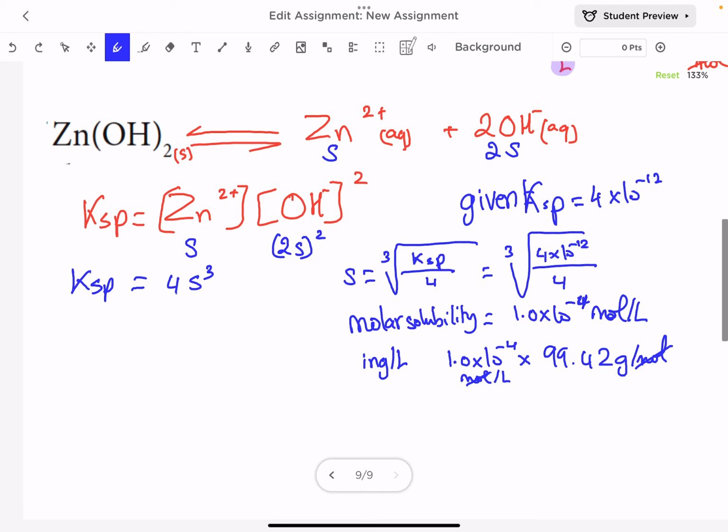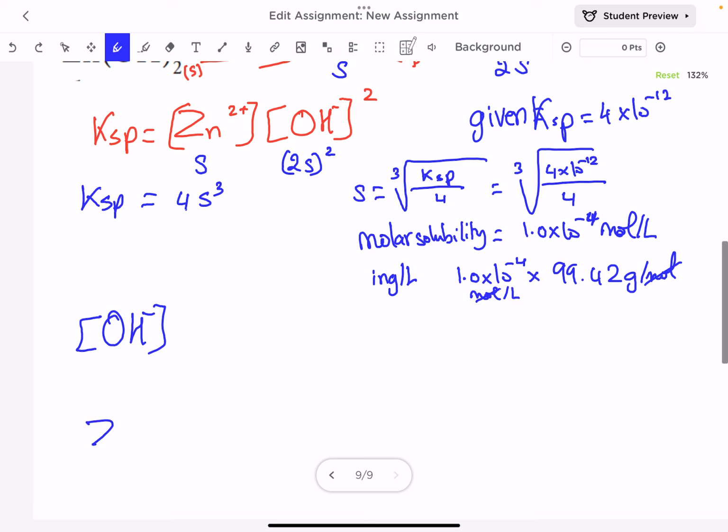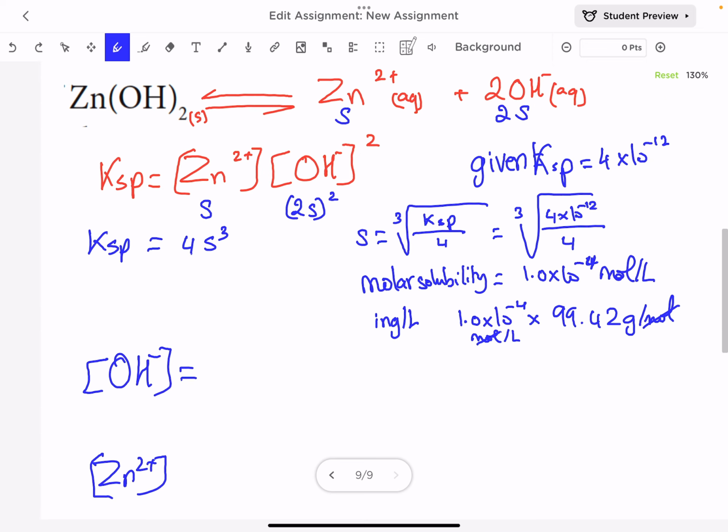Now, what if in this question, after finding the molar solubility, they asked you to calculate the concentration of OH minus or the concentration of zinc 2 plus. So the concentration of OH minus, as designated here, is 2 times S, and that for zinc is just the solubility.